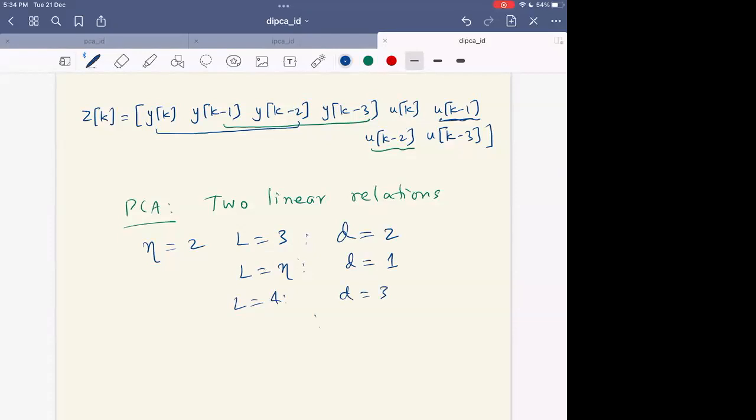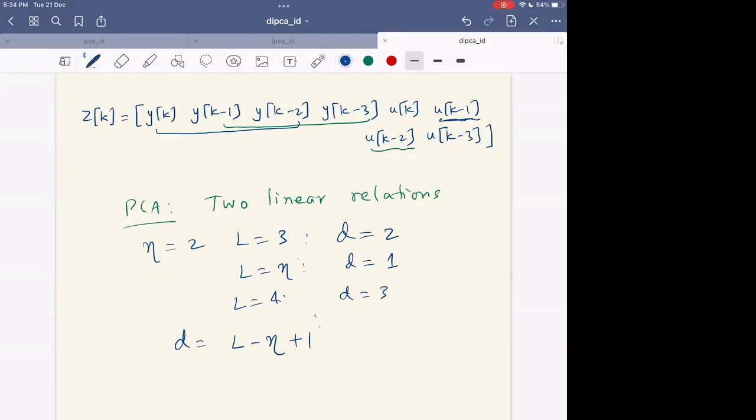So which means that clearly there is a relationship between the process order, the stacking lag, and the number of constraints that you identify. And this is, I think, the key. This is one of, I would say, the main results that allows us to go past the order barrier. And what is the relation now? You can say D equals L minus eta plus 1.